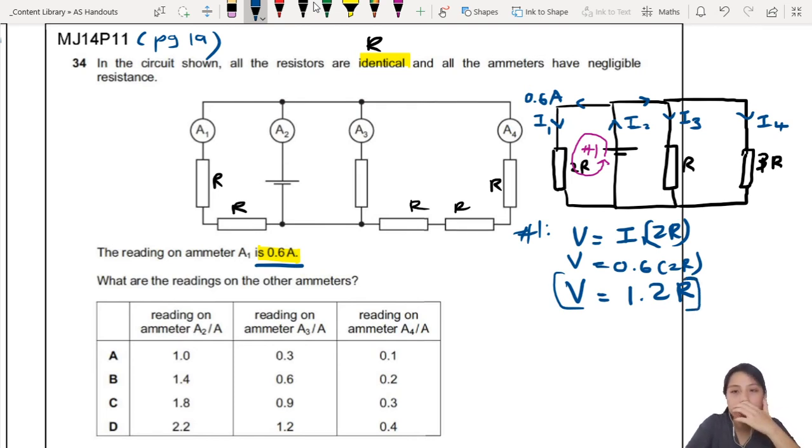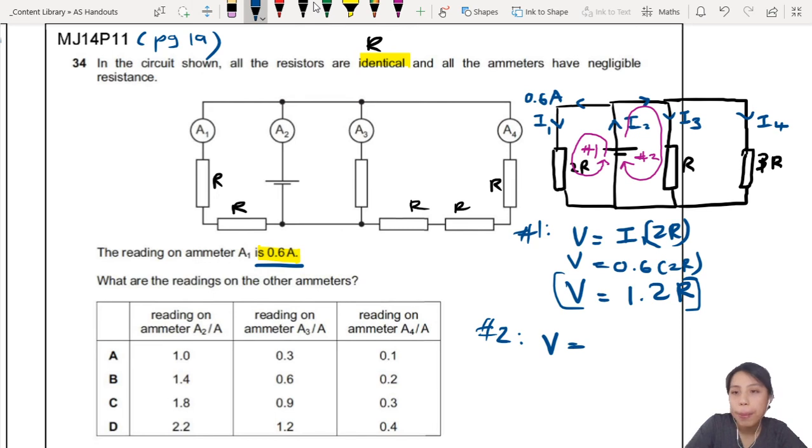Now we know that the PD is 1.2 R. Let's choose another loop. Let's use this loop. Loop number 2. So loop number 2, you're going up the battery, only 1 battery.